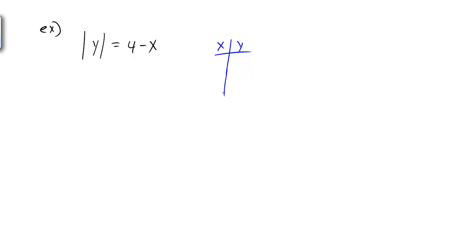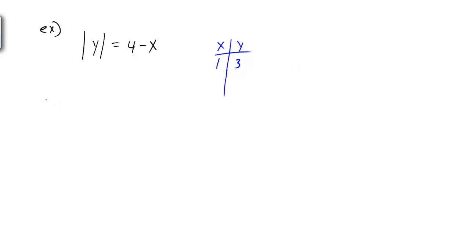Well, if I was to pick, for example, if x is 1, you get 4 minus 1, which is 3. But because of the absolute value over here, maybe it's better to say instead of picking x equals 1, what if I let y equal 3?